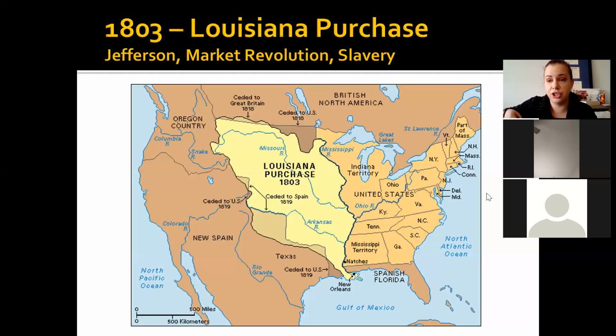Cotton becomes a very cheap cash crop, which creates a lot of profit for the owners of these plantations, especially on the backs of their slaves. Okay. So 1803, obviously a very important year, as the Louisiana Purchase really solidifies the beginning sectionalism of the United States.